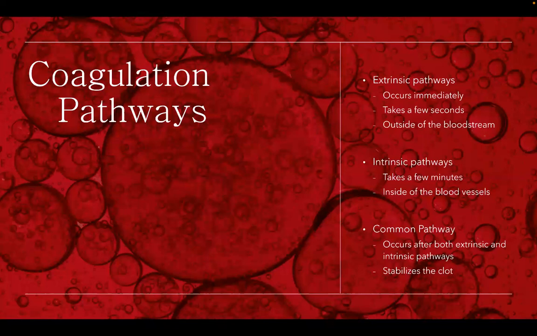And the last thing I want to mention is anticoagulants. This is something that hinders coagulation. Within the body, there are multiple types of anticoagulants that are naturally occurring, and they prevent the blood from clotting when it shouldn't.